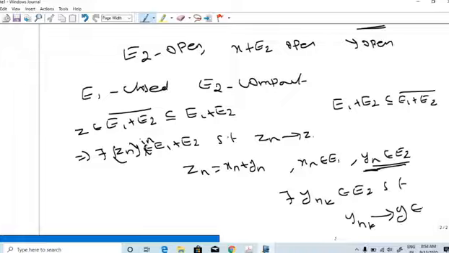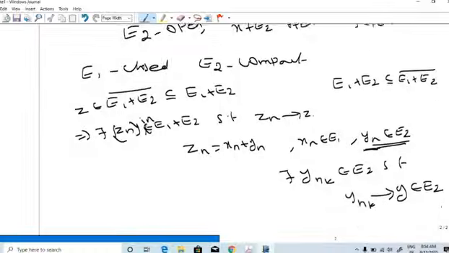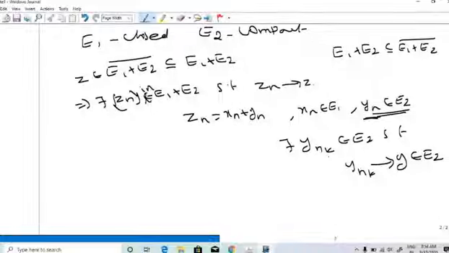This y should be in the set E2 because it is compact, therefore sequentially compact. For the corresponding subsequence we have a subsequence of xn, again called x_nk.